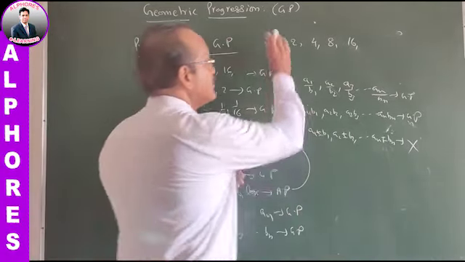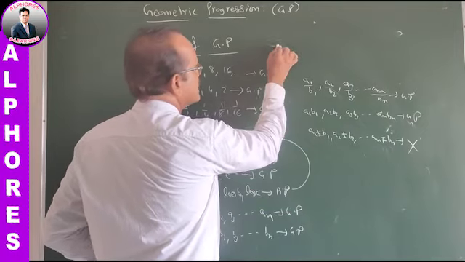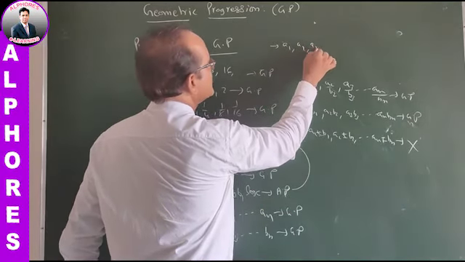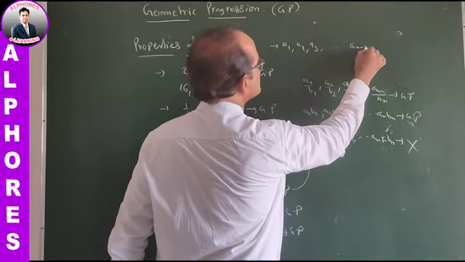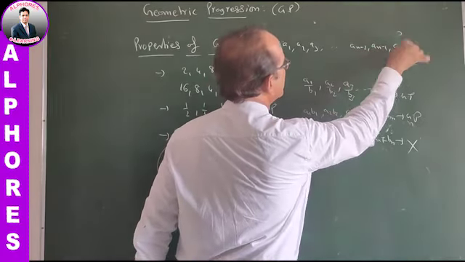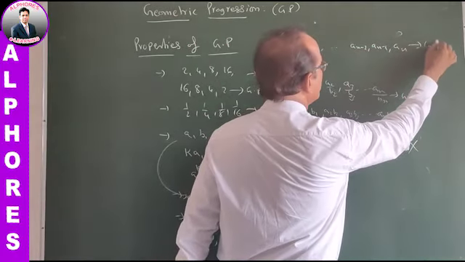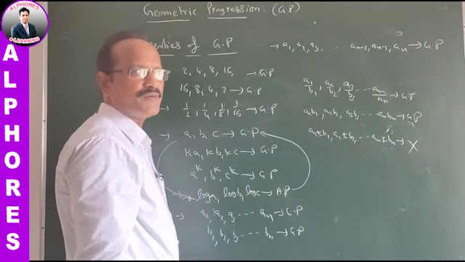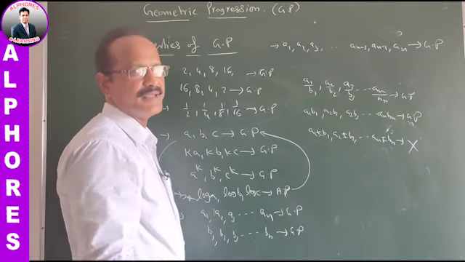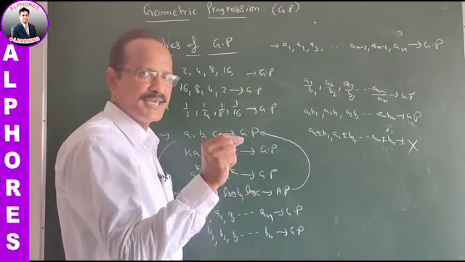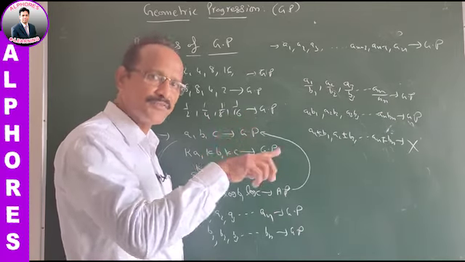For example, I will write generally: A1, A2, A3, so on, AN minus 2, AN minus 1, AN is in GP. Then the product of the terms from the beginning and the ending is always the same and is equal to the product of the first and the last.